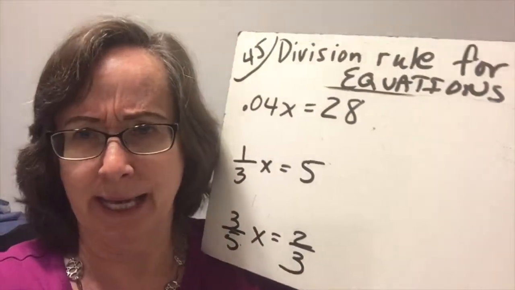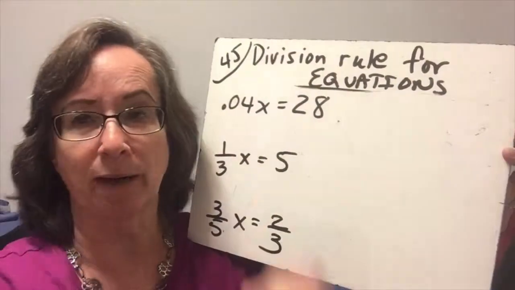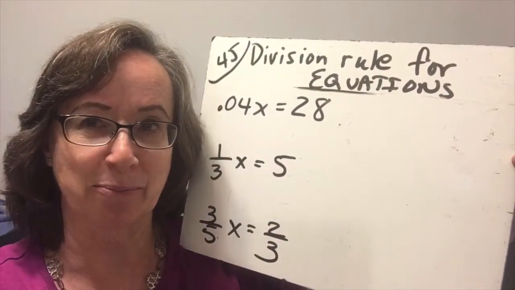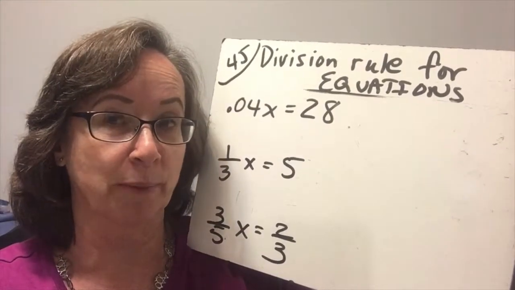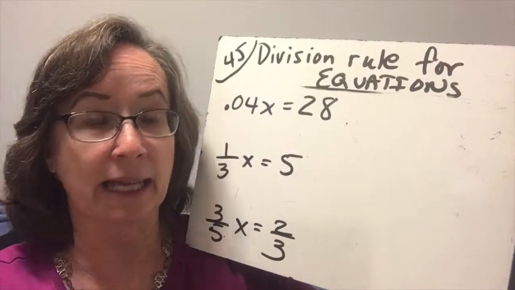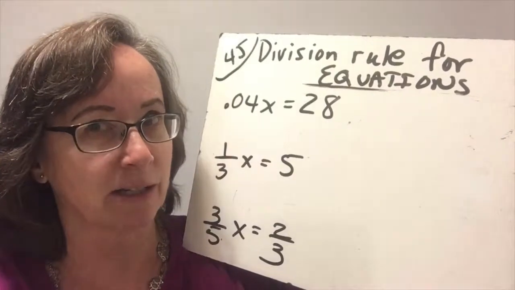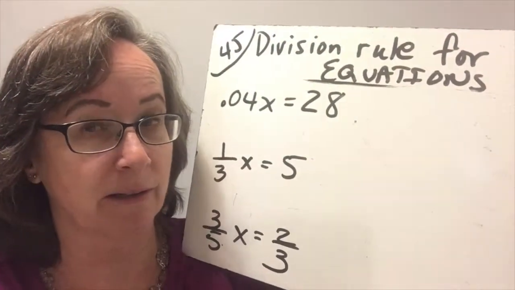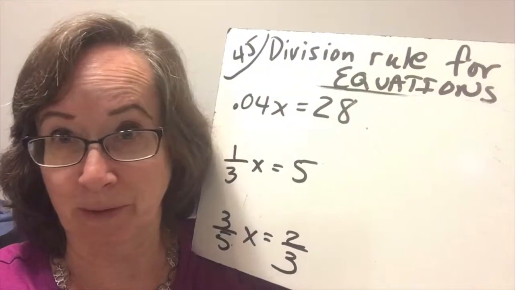Back in my day, which was many, many years ago, they did not separate this property into two separate properties. They didn't call it a multiplication property and a division property. They just called it the multiplication property of equality because it was understood that because division is multiplication by the reciprocal, they only needed one property for both.